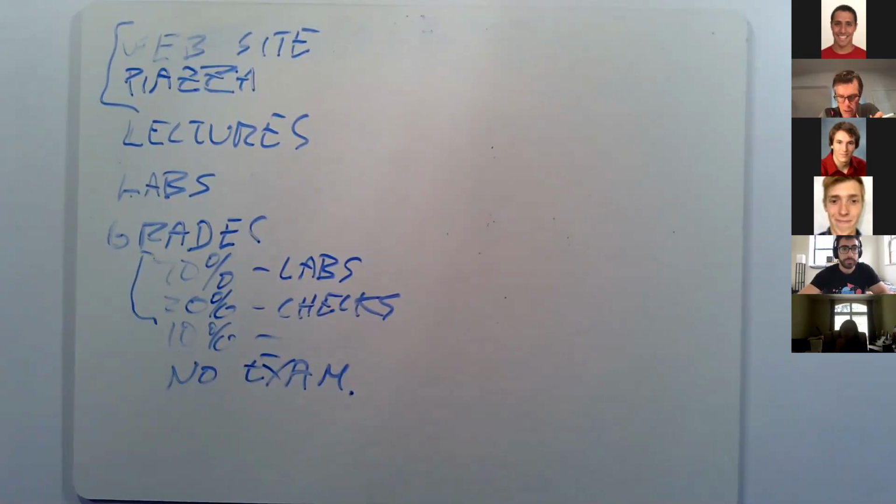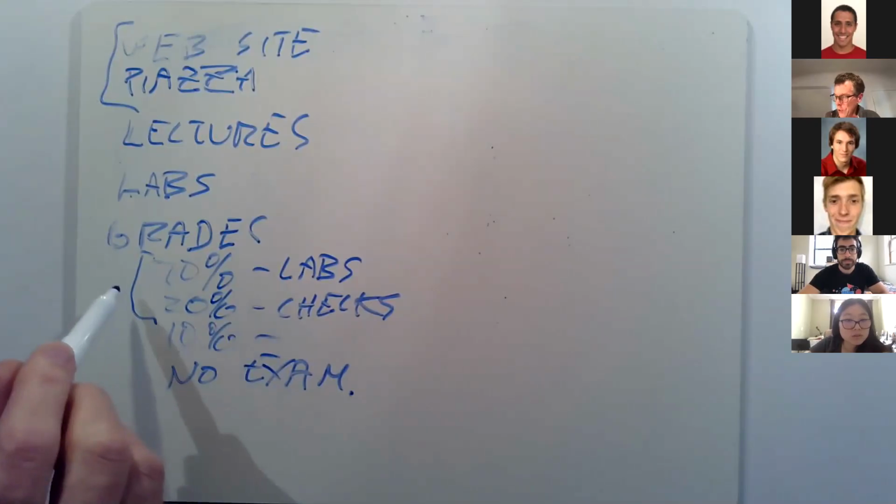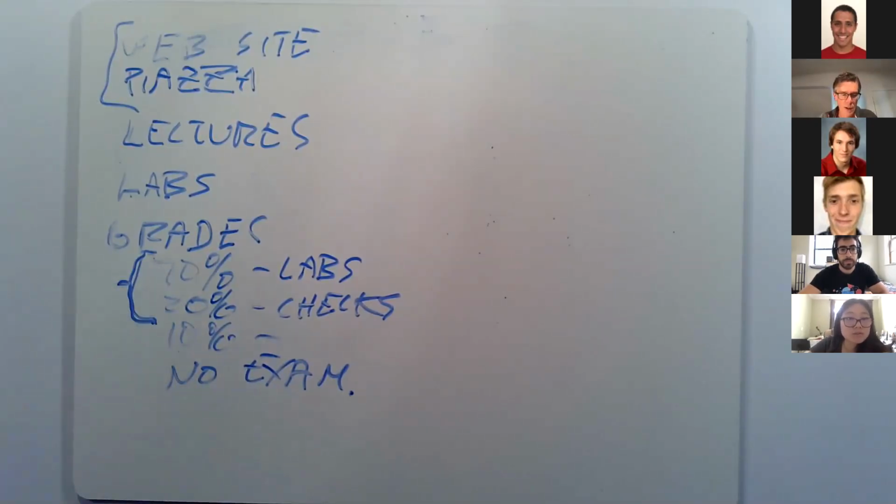So you should spend a lot of time on the labs, make sure that you start early and have enough time to complete them and work out bugs in order to get full credit. And as a result of that, this is going to be a very hands-on, software-oriented course. All right, any questions about the machinery of the course?